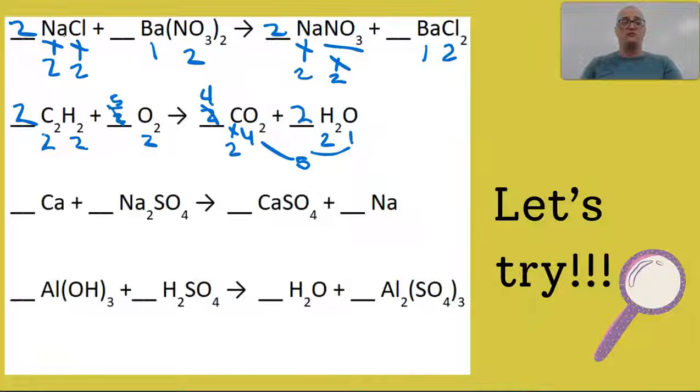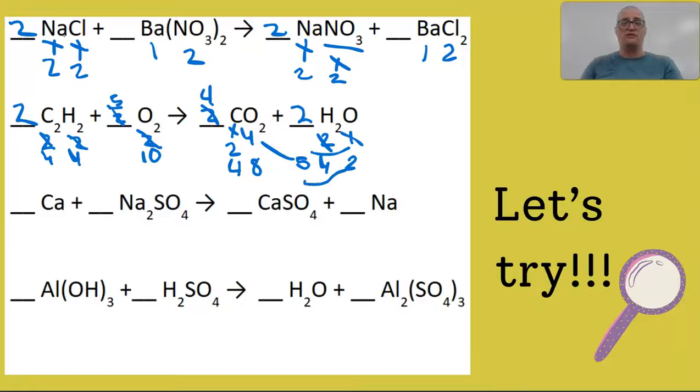So 2 times 2 would be 4 for carbon. 2 times 2 for hydrogen would be 4. 5 times 2 for oxygen would be 10. 4 times 1 for carbon, I'll put it right down here, 4. 4 times 2 for oxygen would be 8. 2 times 2 for the hydrogen would be 4. 2 times 1 would be 2.